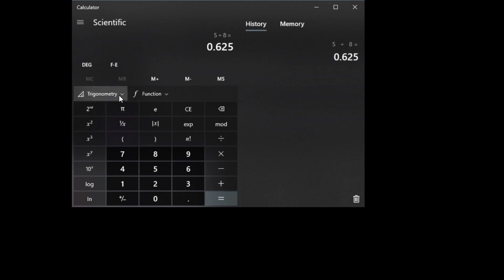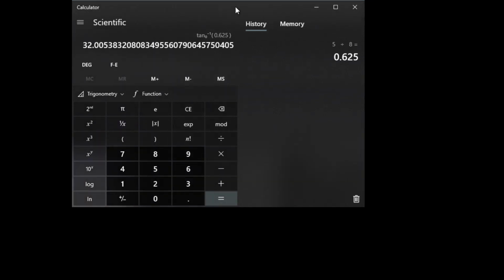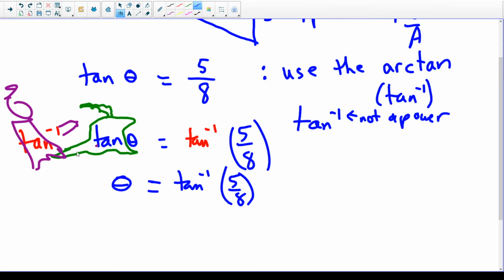Then I have to do second tan. And now I don't press the equals after it. That is the answer. So approximately 32 degrees, and that's good enough. So my final answer here is 32 degrees.